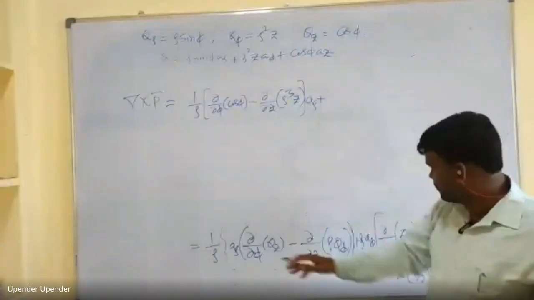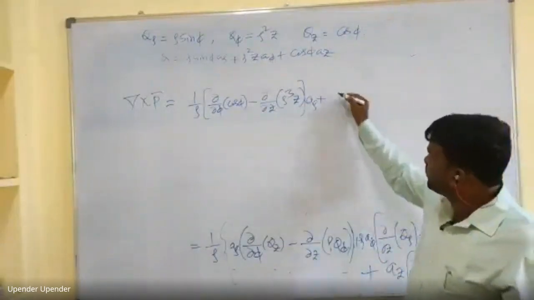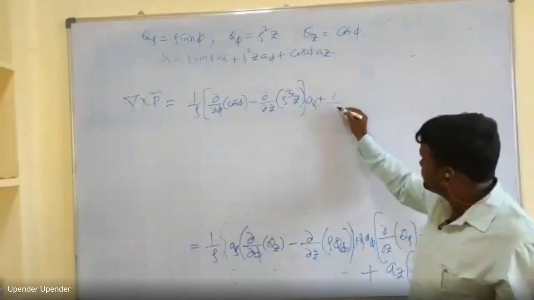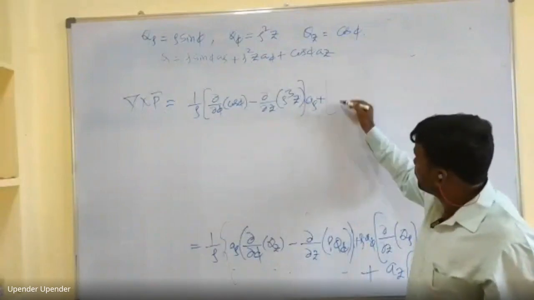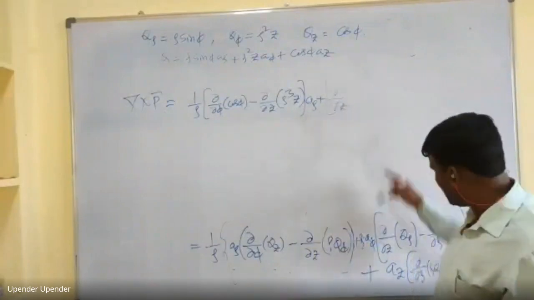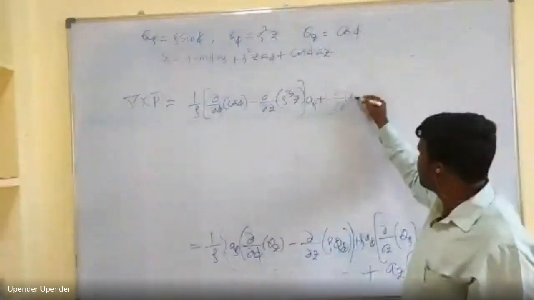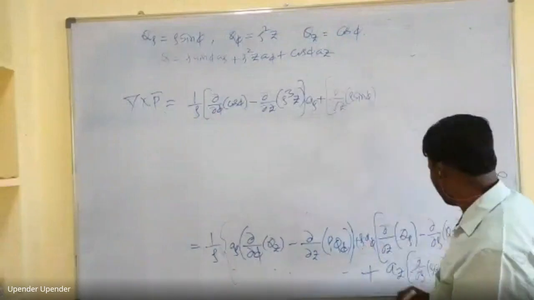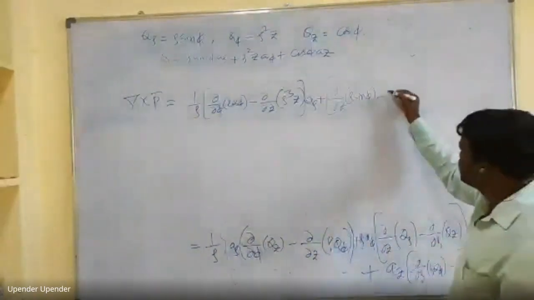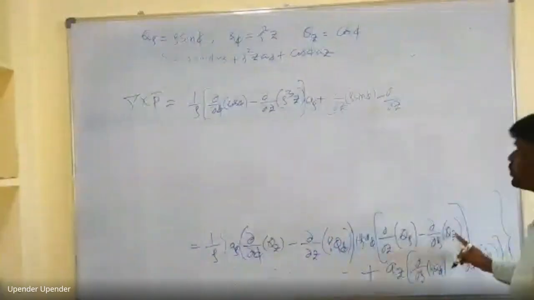No need to worry about that rho for this case. Dou by dou z of Q rho. What is Q rho? That is rho sin pi. Minus dou by dou z of Qz.